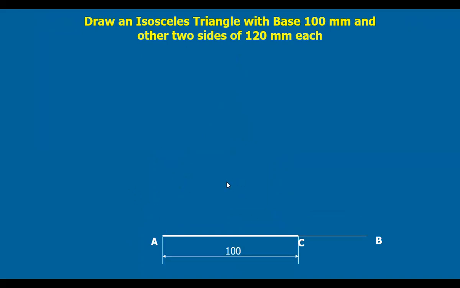Now, with 120 mm as radius on your compass, A as center, draw an arc here, and with C as center, intersect this arc. These two will intersect here at a point called D. Now D is the required point. Join AD by a straight line and also CD. This gives the required isosceles triangle here.